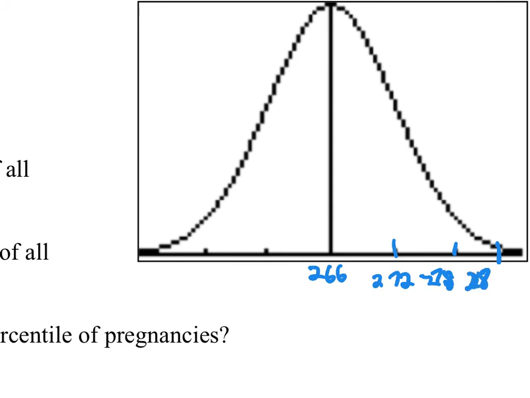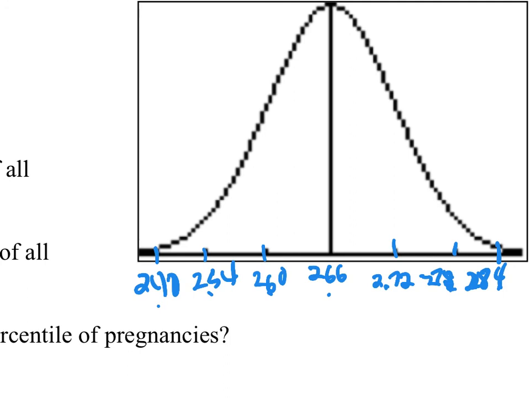Take away 6, 260. Take away 6, 254. Take away 6, 248. So that's the most important step. Draw your numbers on the number line. I need 7 numbers: the mean or the median, and 3 to the right, 3 to the left.